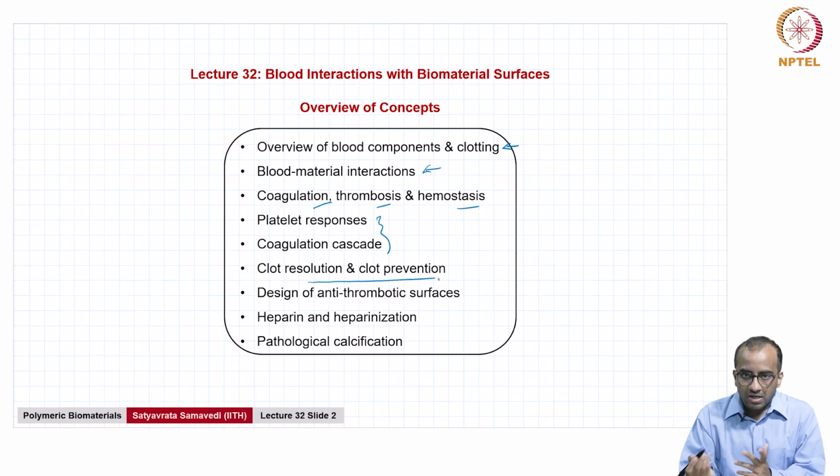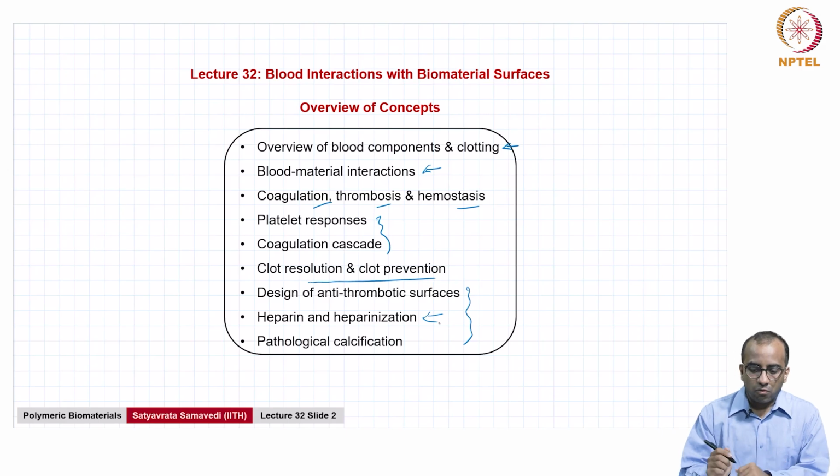And towards the end of this lecture, as always, given that our focus is biomaterials, we will be looking at design of anti-thrombotic surfaces with specific reference to heparin and heparinization, and at the end we will deal with one particular problem that can occur with blood contacting devices over time, namely pathological calcification, and why we should guard against that and be careful when we design materials.